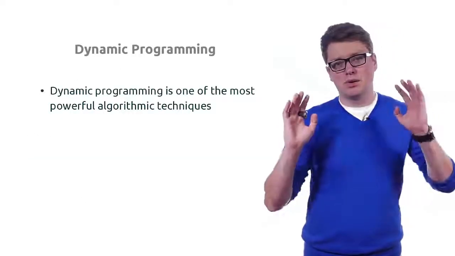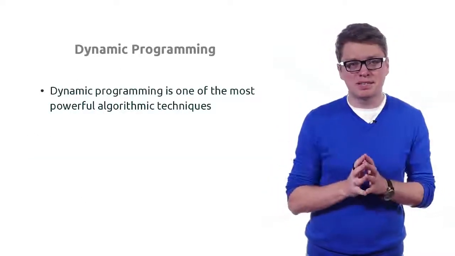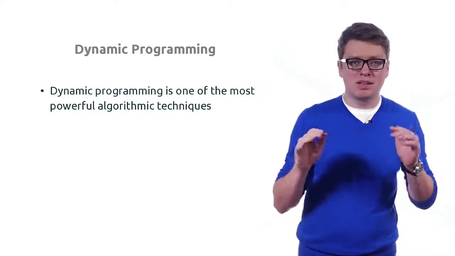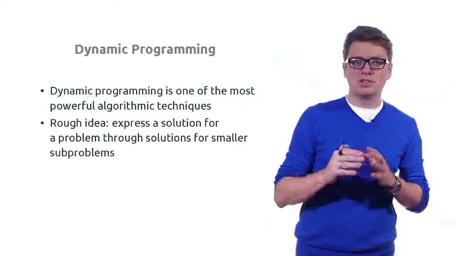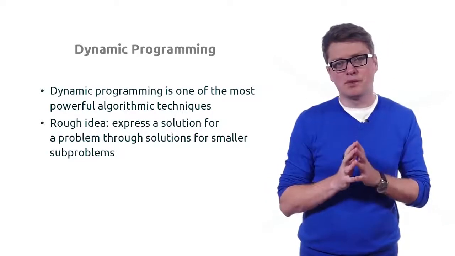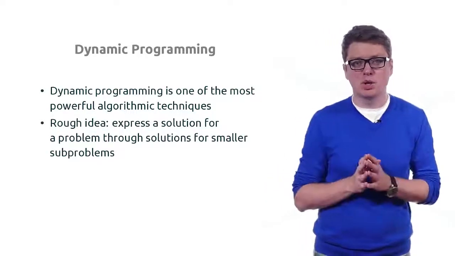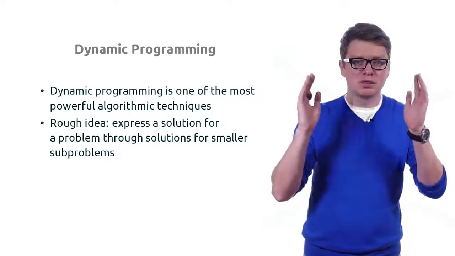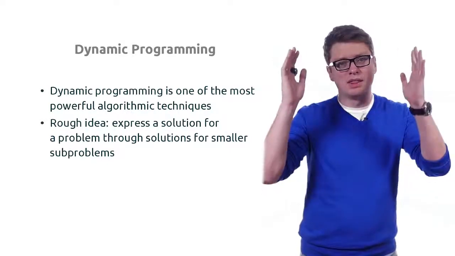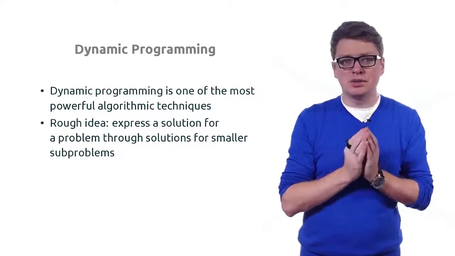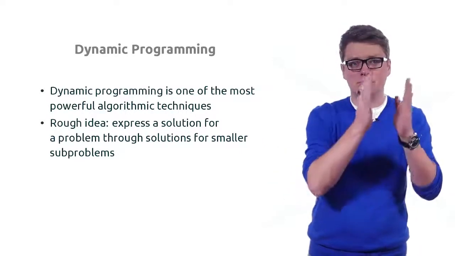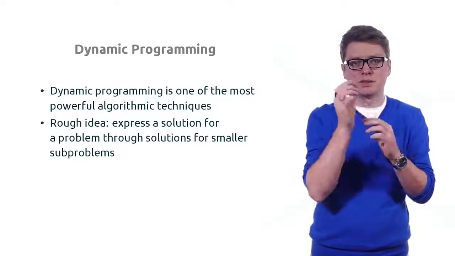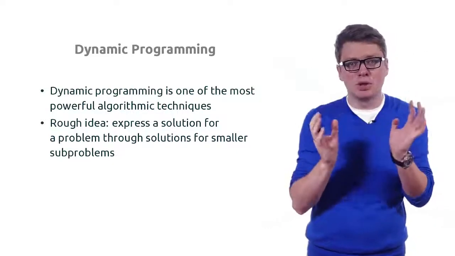First of all, dynamic programming itself is probably the most powerful algorithmic paradigm. Usually the rough idea of this method is the following. Given some instance of a problem, instead of solving this problem directly, try to break it into smaller subproblems, probably not independent pieces, but some collection of smaller problems.